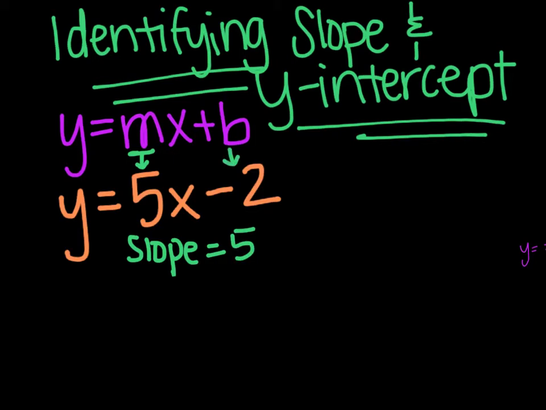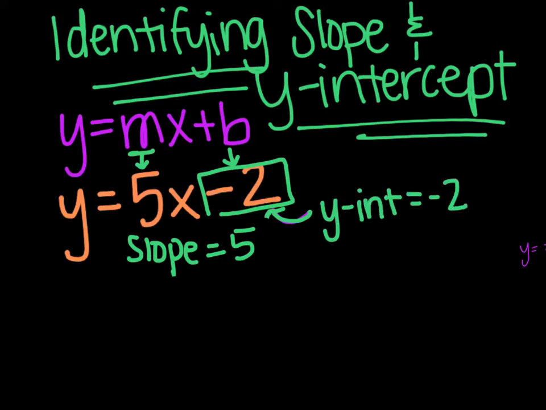And then b matches up with the 2. Now you have to be noticing the positive or the negative, the plus or minus sign, because that dictates whether or not your y-intercept is positive or negative. In this case, it's a negative 2, which means our y-intercept is negative 2, but we want to write that as a coordinate point, so it will be 0, negative 2.